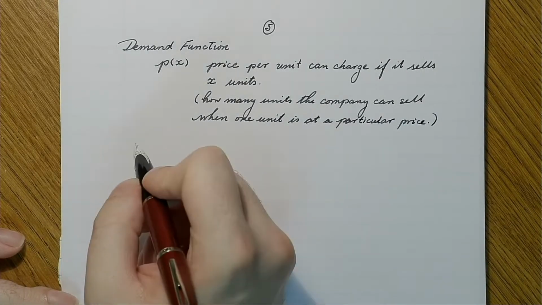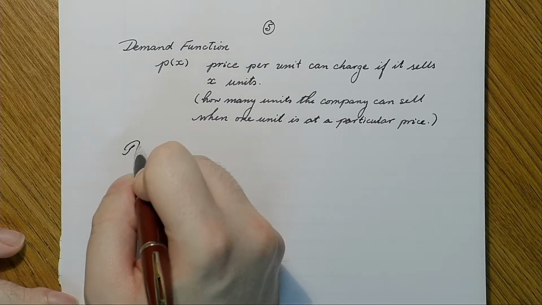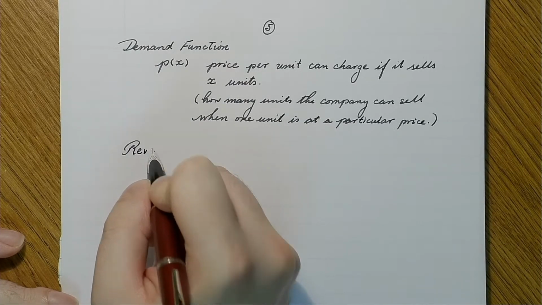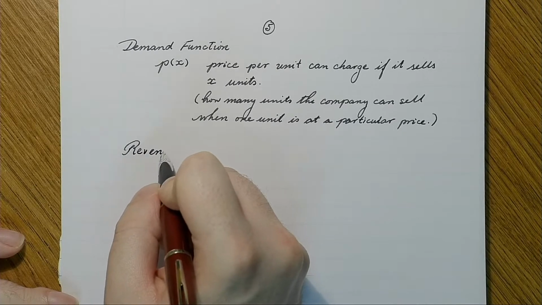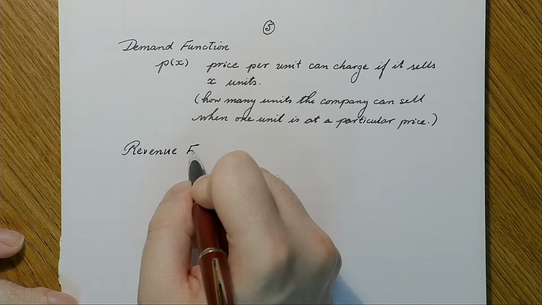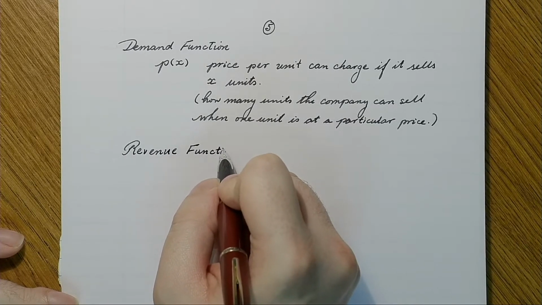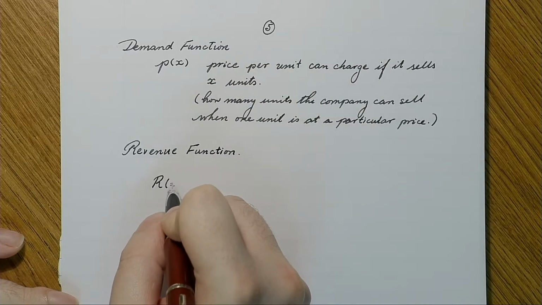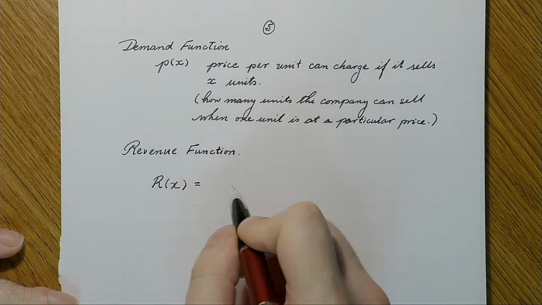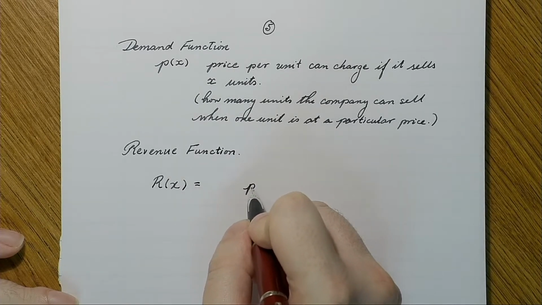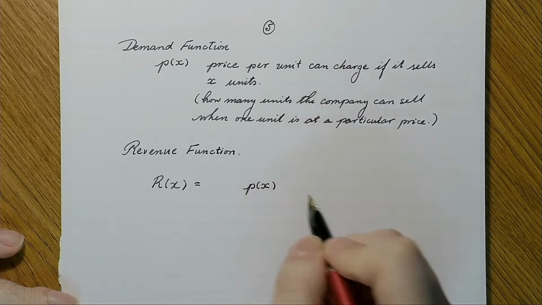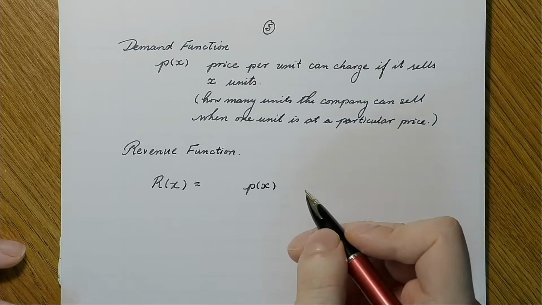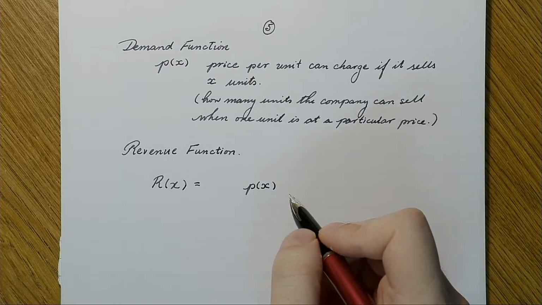Okay, then we get into the revenue function. Revenue. And we're going to use R of X is equal to the number of product or units that can be sold.